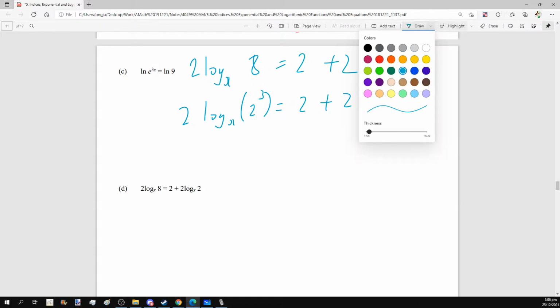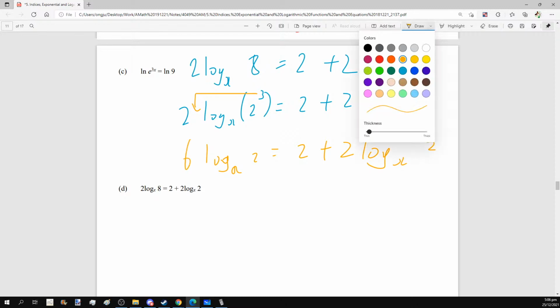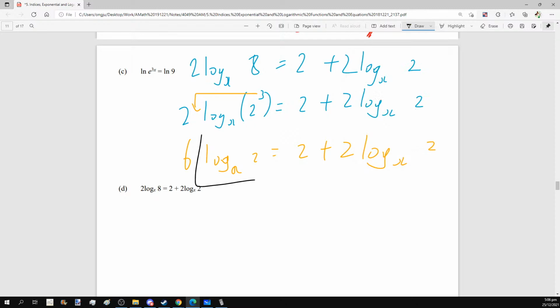And from here, the 2 to the power of 3 is very nice because the 3 can be moved down and out. So we have 2 times 3 log_x 2 equals 2 plus 2 log_x 2. Obviously 2 times 3 over here will be equal to 6. And from here, I will use my trick.